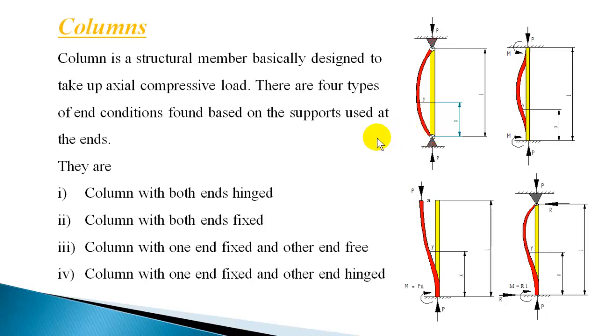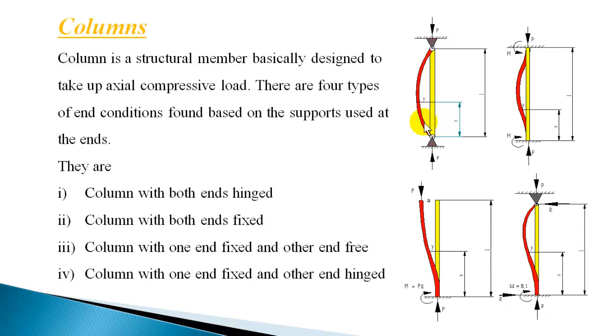So these imperfections and loading conditions may lead to buckling of columns, and short columns do not buckle. Even if load eccentricity or imperfections exist in these columns, short columns will never buckle under compressive load. They only get compressed and fail.